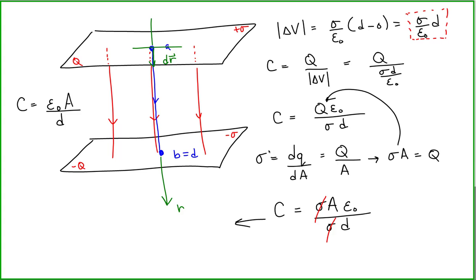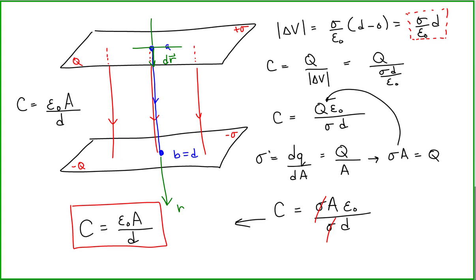This gives us our result for the capacitance of a parallel plate capacitor. It's given as the product between the permittivity of free space and the area of a capacitor plate divided by the separation distance between the plates. And here's a thing that you should notice.